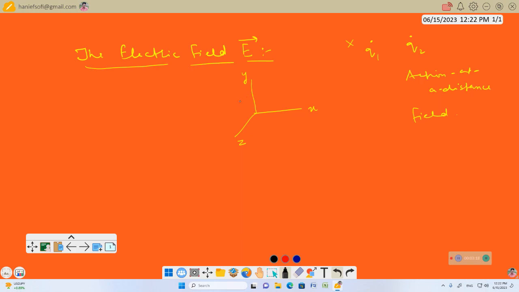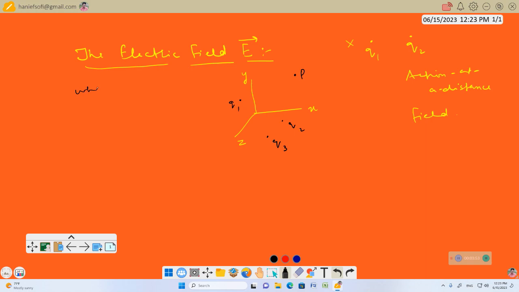Let me show two, three charges Q1, Q2, Q3. So there is an electric field in the space due to these charges. Now these charges we have shown in the form of points. They can be in continuous distribution also. But whatever the situation, whenever there are charges, in the space surrounding them there is an electric field. Now at this point P, we want to find the electric field.